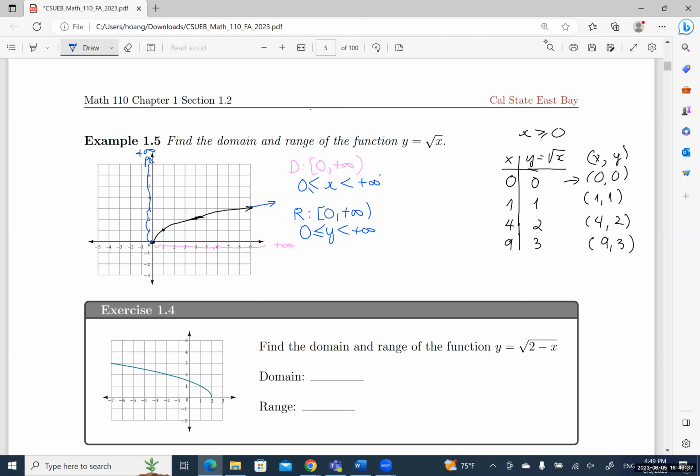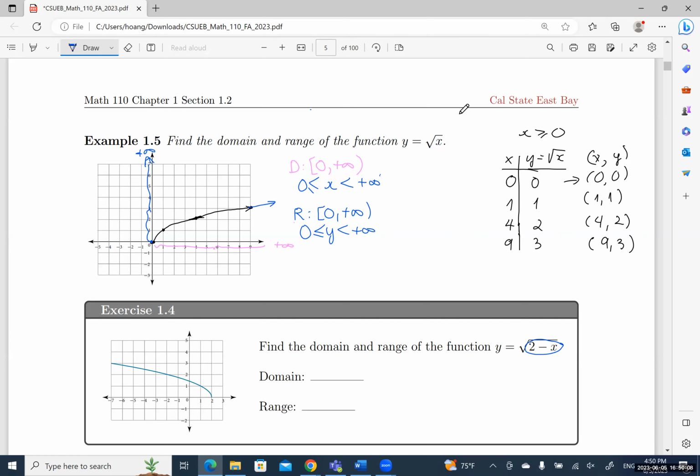So keep in mind that you need to think about this one, it's not going to be negative. Make sure that you may not input something greater than 2, right?